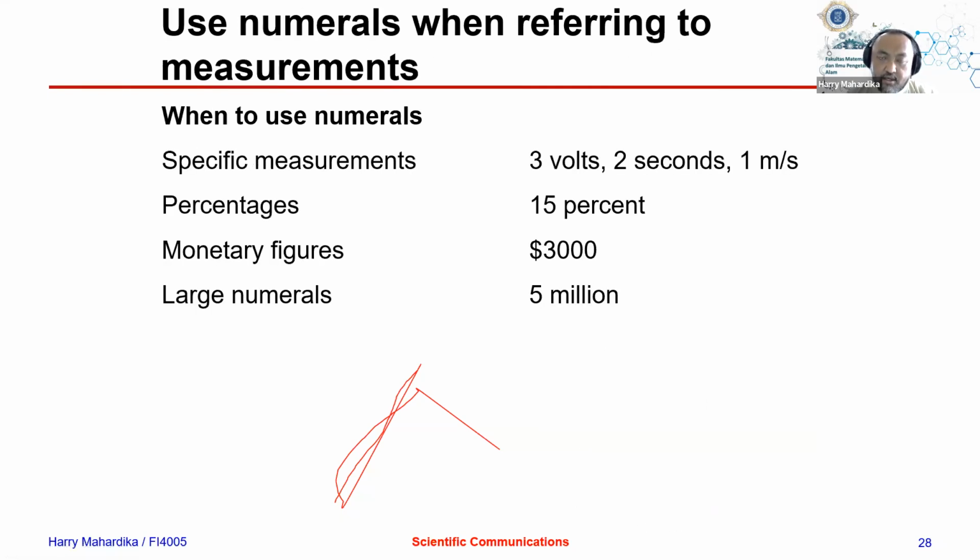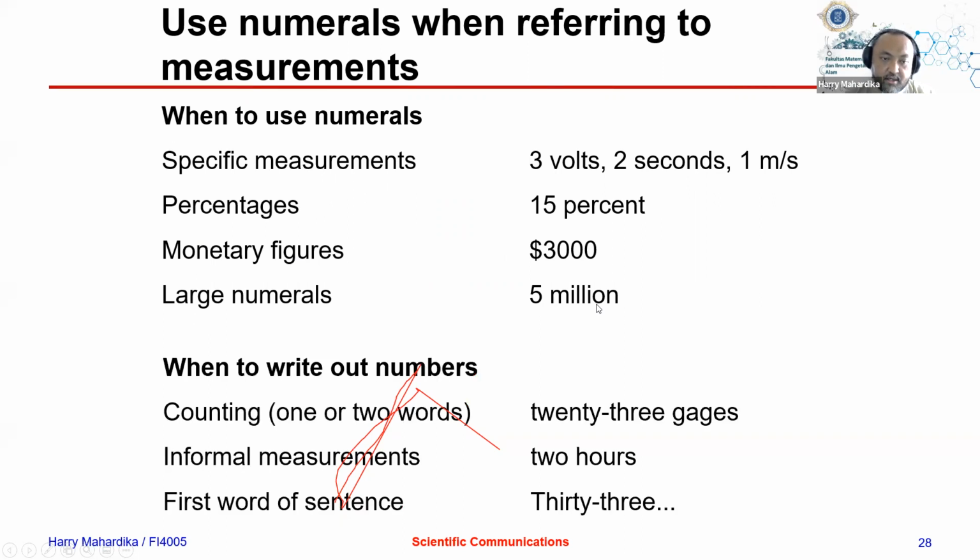Okay, and now we are talking about the usage of numerals when referring to measurements. We use numerals for specific measurements, for example 3 volts, 2 seconds, 1 meter per second, and when we state a percentage like 15%, monetary figures like $3,000, and large numerals like 5 million.